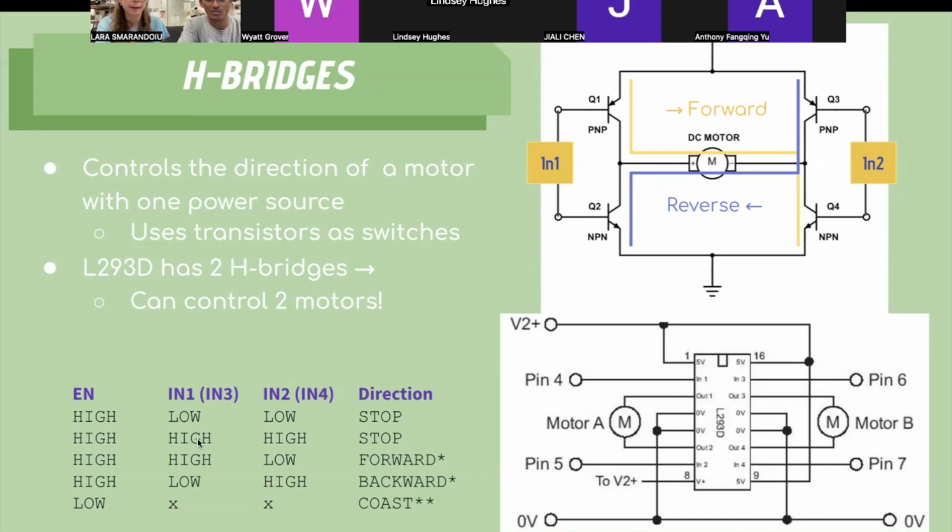As you can see here, when IN1 and IN2 are both low or both high, the motor knows not to go at all. If you have IN1 as high and IN2 as low, it'll go forward, and the opposite is when it goes backwards. So this is the integrated circuit, the L293D.